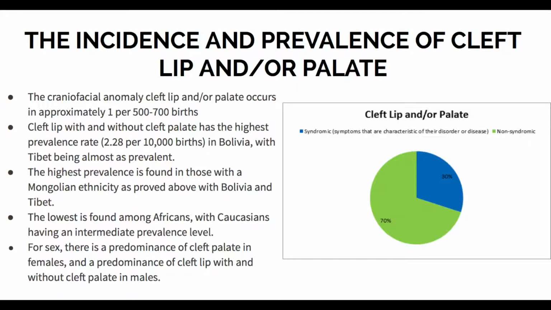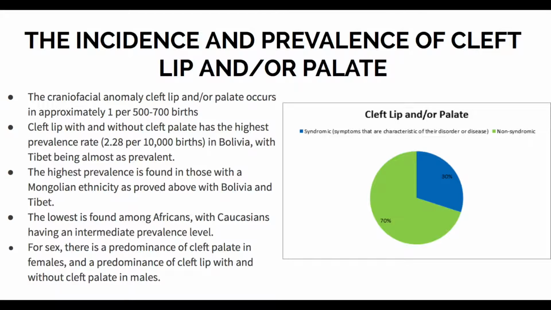The highest prevalence is found in those with a Mongolian ethnicity, as proved above with Bolivia and Tibet, both with Mongolian ethnicity. The lowest is found in Africans with Caucasians having an intermediate prevalence level. Therefore, countries such as Japan, the Philippines, American Indians of British Columbia, and the Mestizo population in Latin American countries such as Argentina, Bolivia, and Chile all fit into the Mongolian ethnicity category and thus have a high prevalence level.